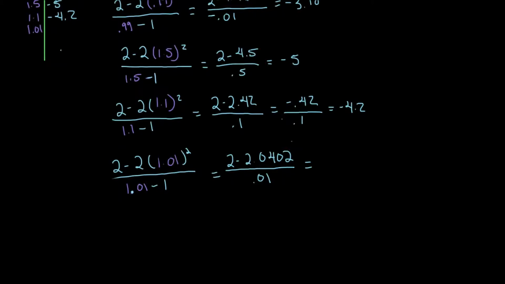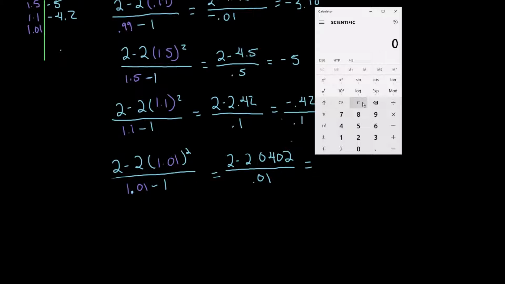Putting this all together, we get 2 minus 2.0402, and then we divide this by 0.01. And we get negative 4.02.